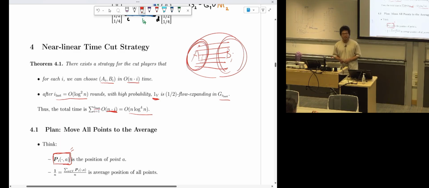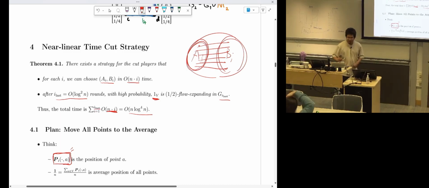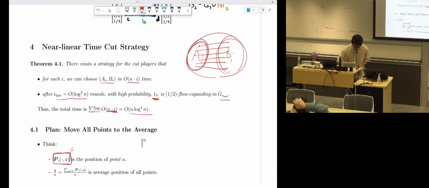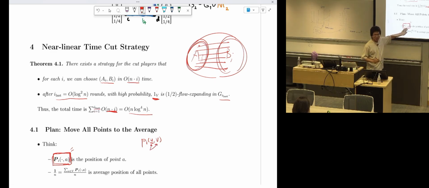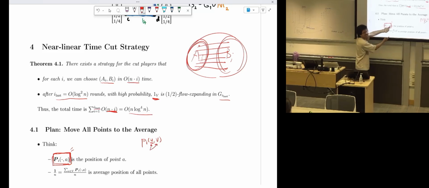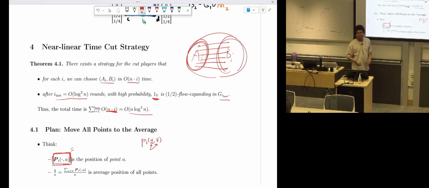Exactly. Good. So that will define pi_{i}(u,v). This is just the probability that if you start at u, you end at v after round i. And this is the vector of how each of the u ends at A after round i, right?